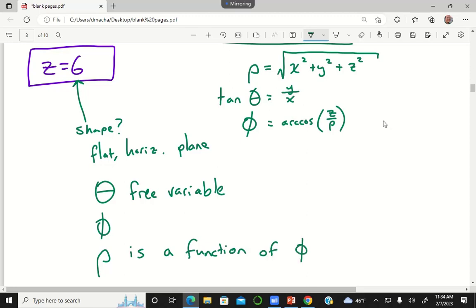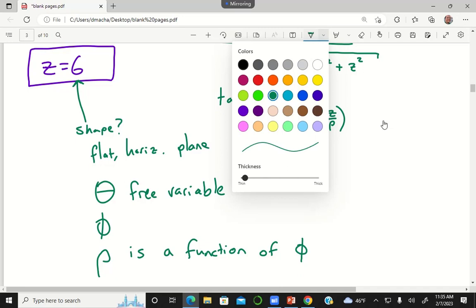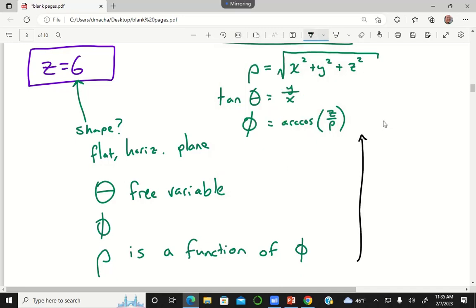Right? Because as you're staring directly up at the z-axis, rho would need to be 6. But as phi goes from 0 up to pi halves, rho is getting larger too, because your flat horizontal plane is getting farther away from the origin as the angle phi increases. If that's not super obvious, let me try to draw what I'm talking about.